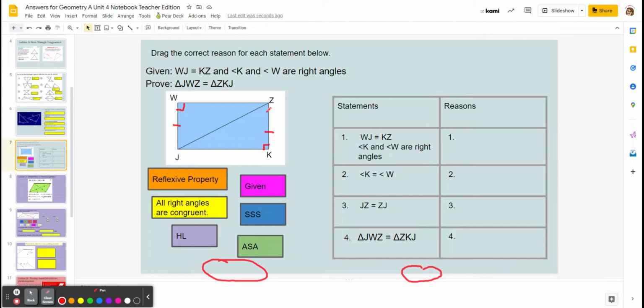And I want to prove that JWZ is congruent to ZKJ. All right. So our reasoning for the first one: WJ is equal to KZ, angle K equal to angle W. That's all of our given information.